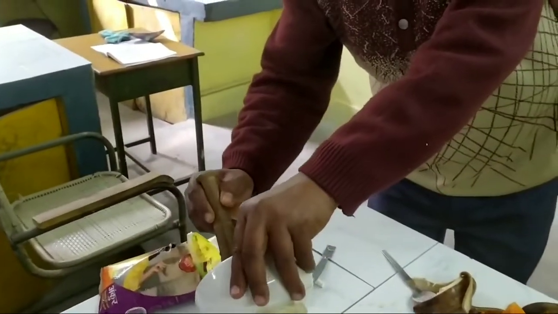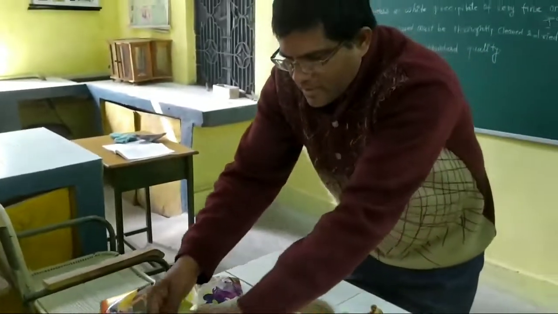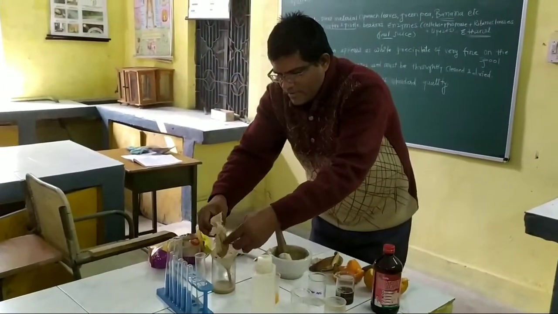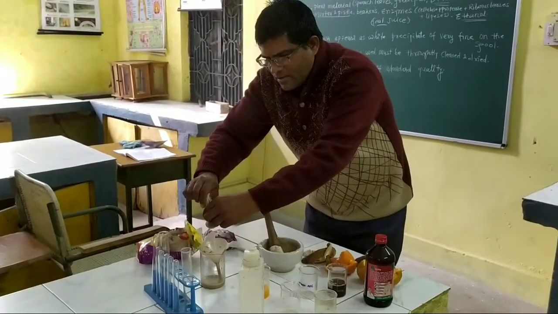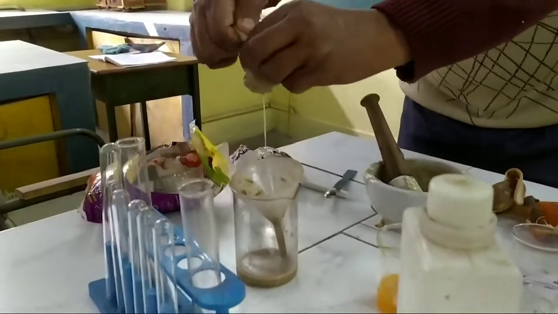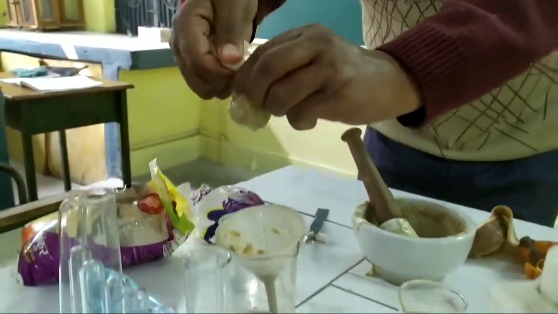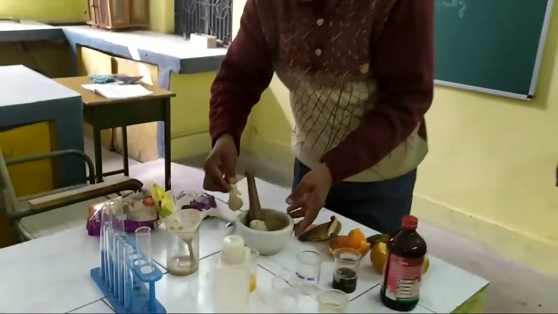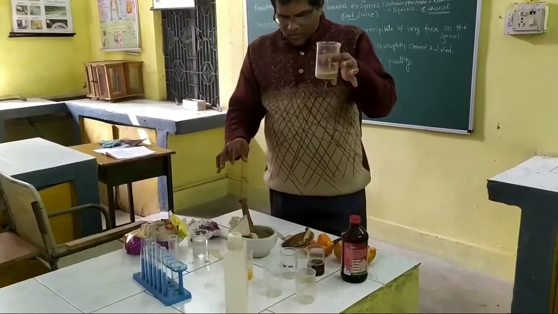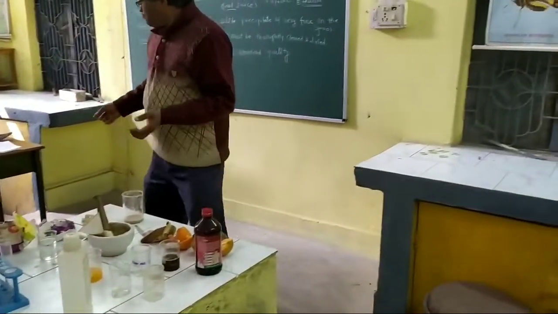Once the grinding is done properly, we have to filter the ground part, the juice of this one. Once we are getting the juice, this filtered juice can be collected in the beaker. So we have collected this filtered juice in the beaker.